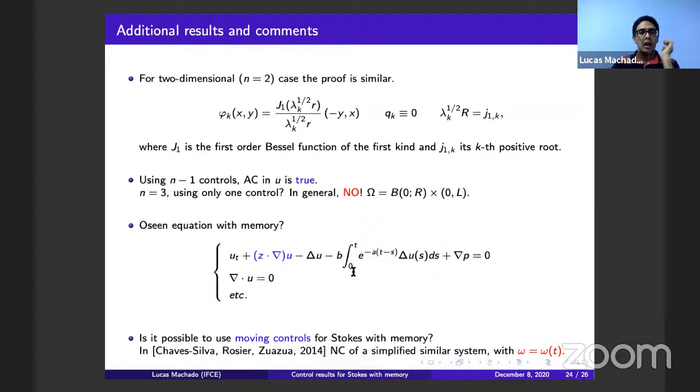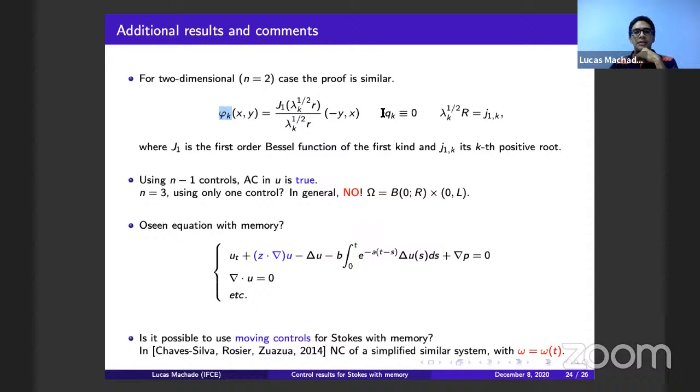Additional results. The first is that for the two-dimensional case, the proof is similar. The main difference is that the eigenfunction p_k in this case depends on J1, where J1 is the first-order Bessel function, and on the first cut.